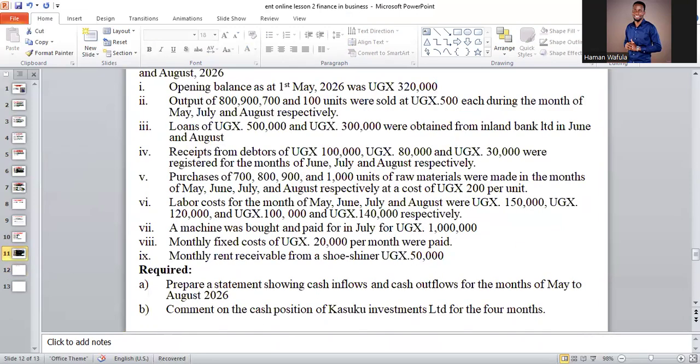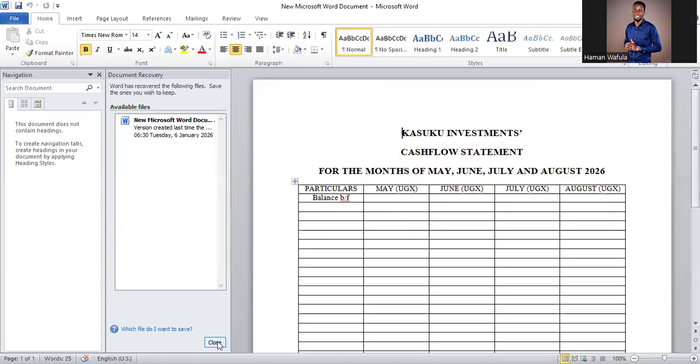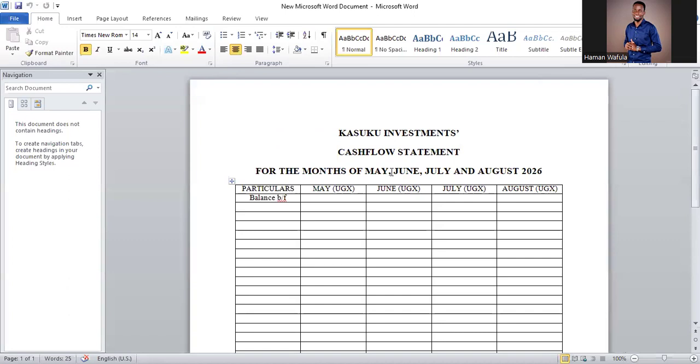So I'm going to open another page here. I hope you're able to see my other page. I've already written my title, and here it is: Kasuku Investments, cash flow statement.